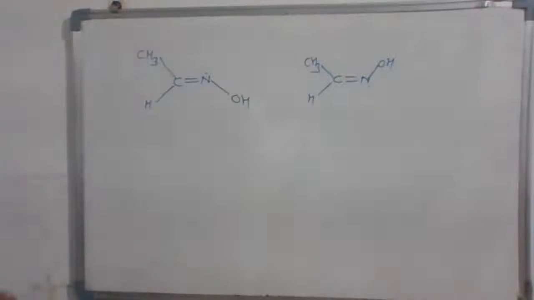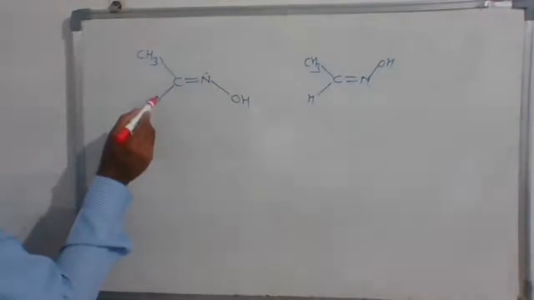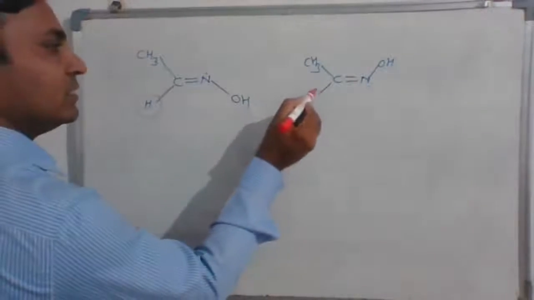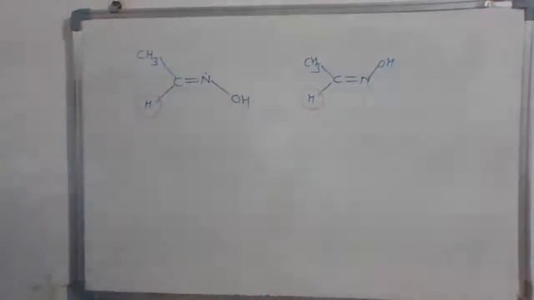Now, if we want to use simple definition, simple criteria, then we can take the reference of this hydrogen, because in aldoximes hydrogen is always present and we can frame the definition accordingly.